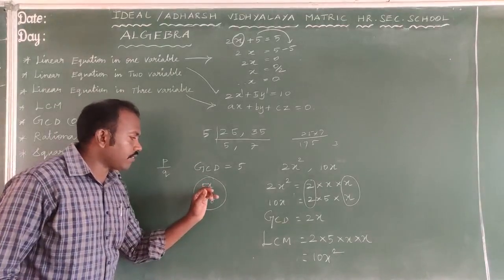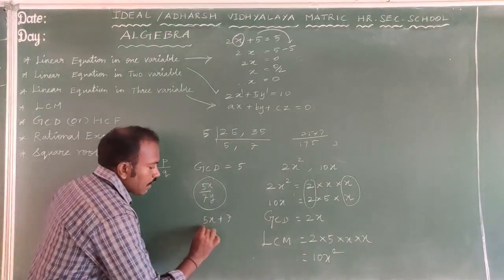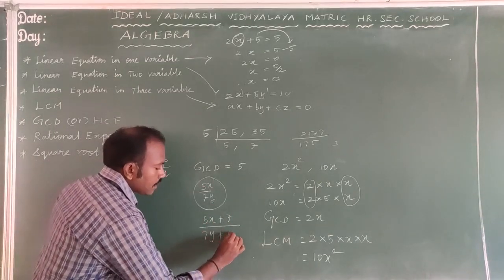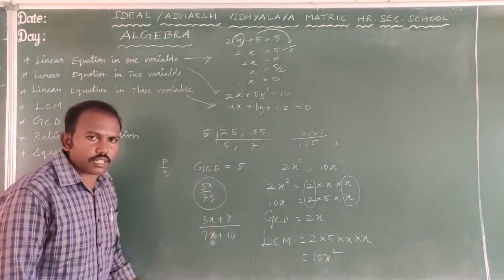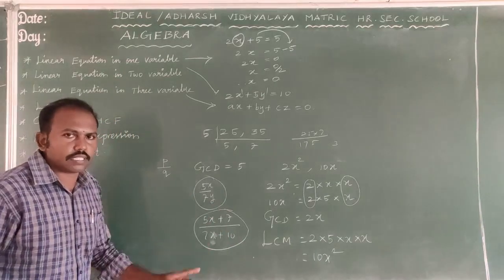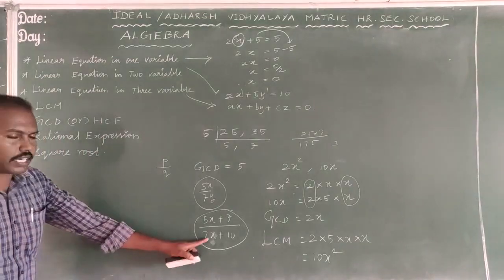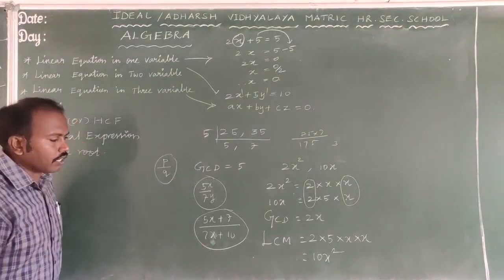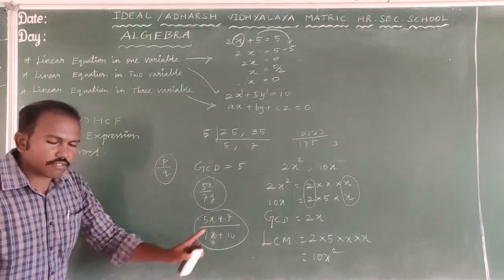It can be 5x plus 7 divided by 7y plus 10, or 7x plus 10. It can be anything. This is a rational expression. It is in p by q format, but with multiplication, like 5 into x, 5x plus 7.